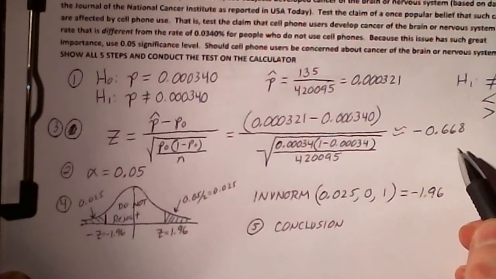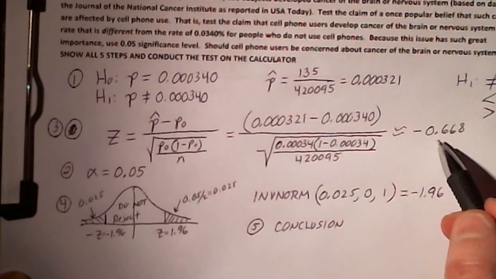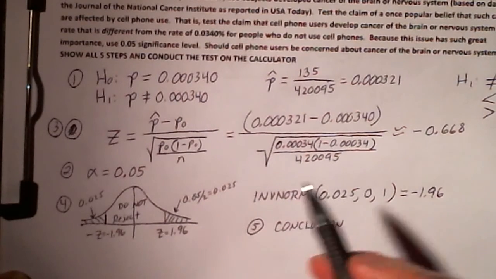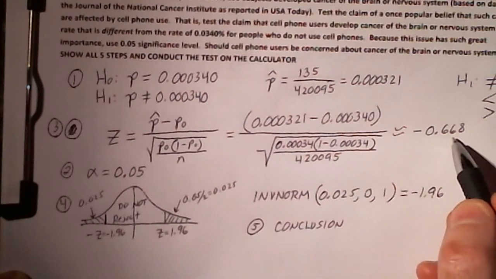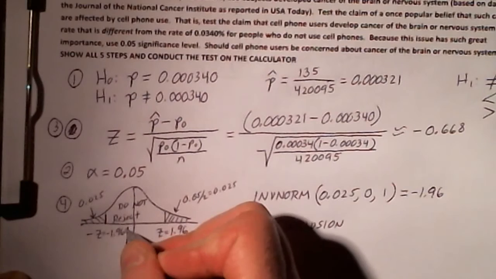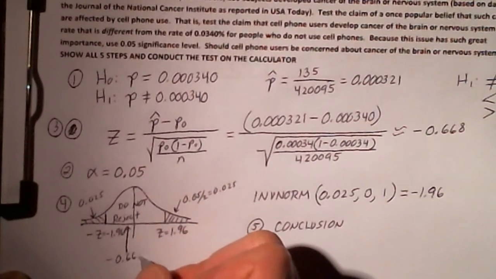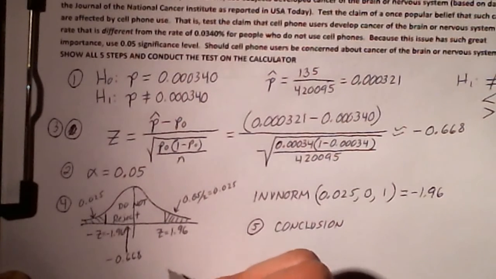And that is determined by comparing our test statistic, which is negative 0.668, and where it lies in relation to these critical z-values. Well, we can clearly see that negative 0.668 lies in between our two critical z-values, so it falls very safely in the do not reject region.